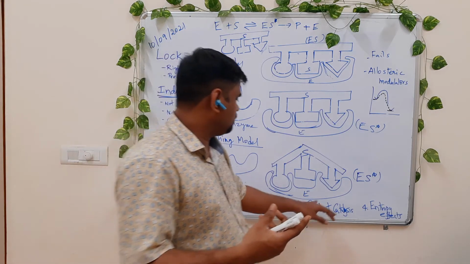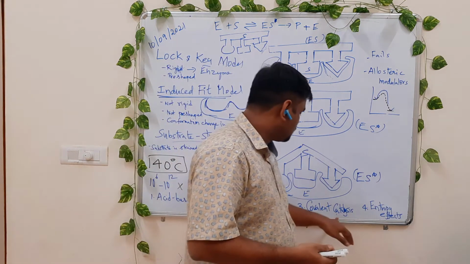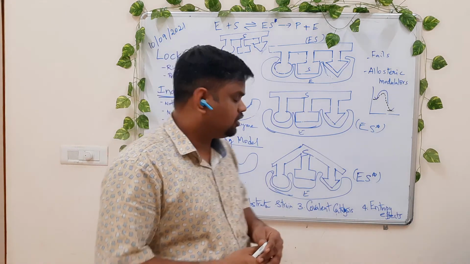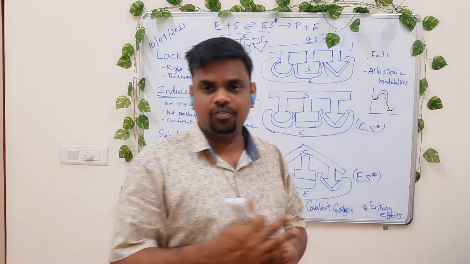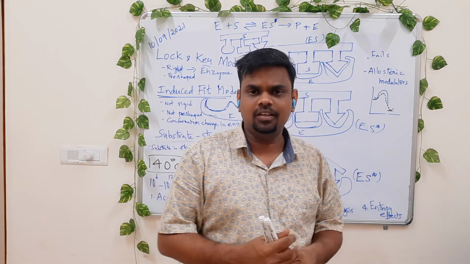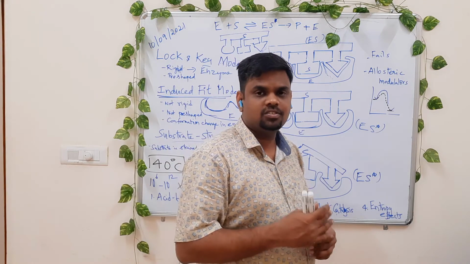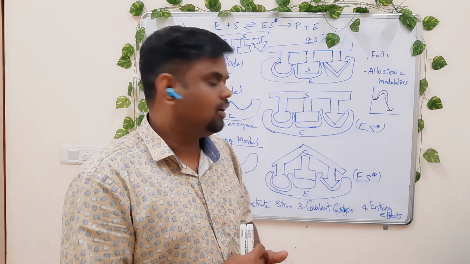There are two other methods called covalent catalysis, where there is a covalent conformation. And apart from that, there are entropy effects. What is entropy? In thermodynamics, it is defined as the measure of disorderness. That also increases the activation of the process.